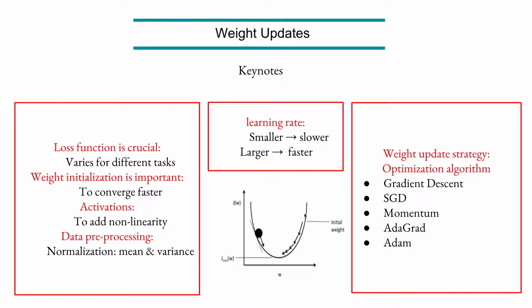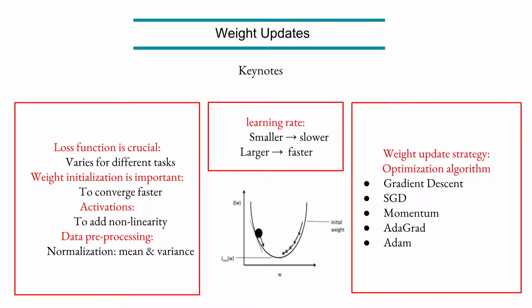Even if weight initialization is important for fast convergence, in deep neural networks the loss function is not something like that. It is a very complicated hyperdimensional space, so it really doesn't matter how you initialize your weights in deep neural networks.